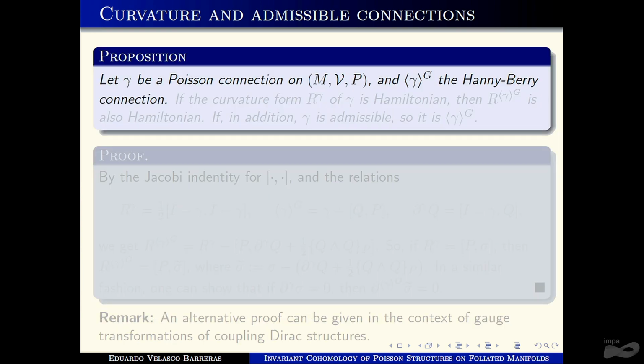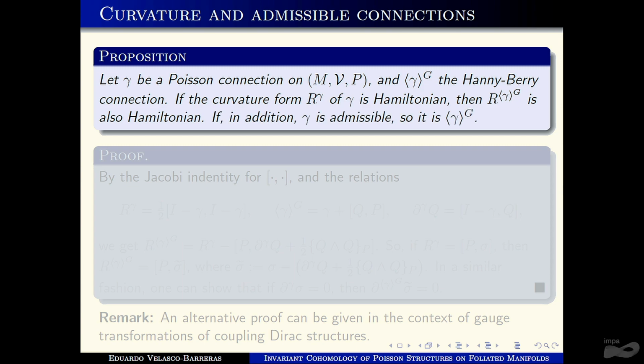So if we have a Poisson connection and a Lie group acting canonically and cotangentially, and we have the associated Hannay-Berry connection, then if the curvature of the original connection is Hamiltonian, also the curvature of the Hannay-Berry connection is Hamiltonian. And moreover, the property of being admissible is preserved by the G average.